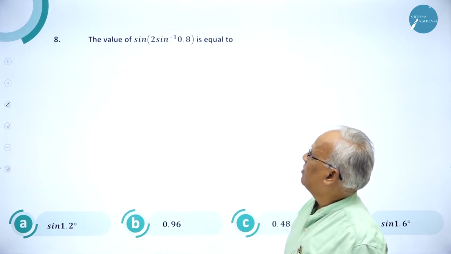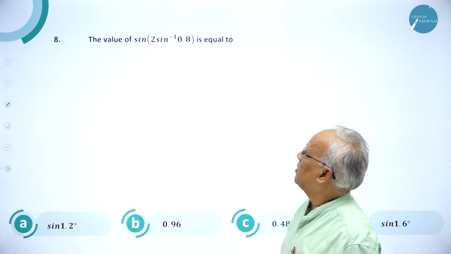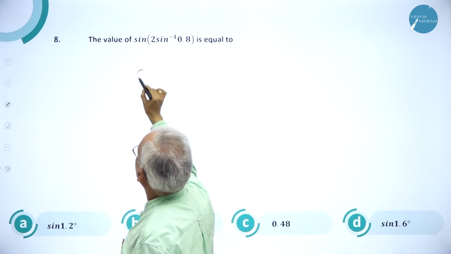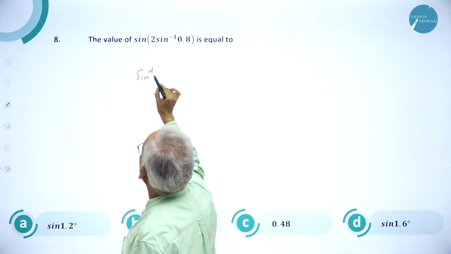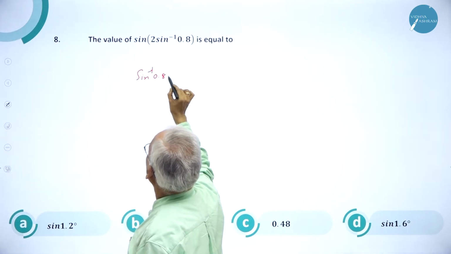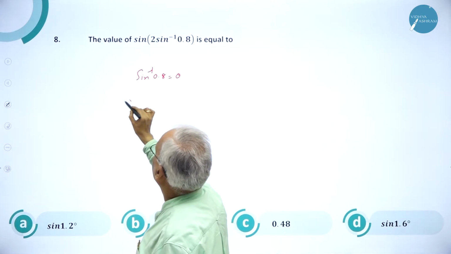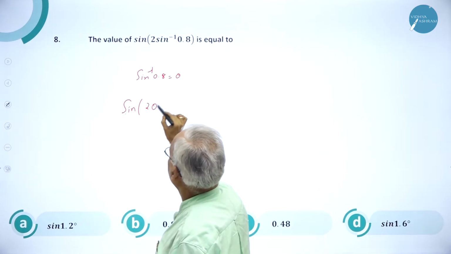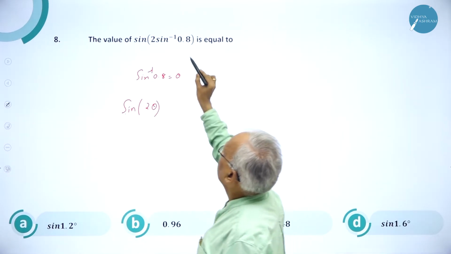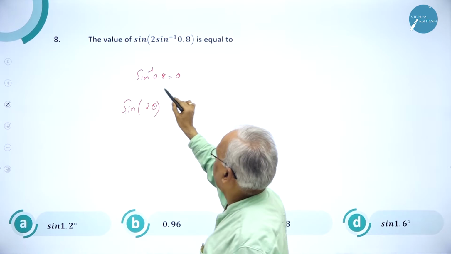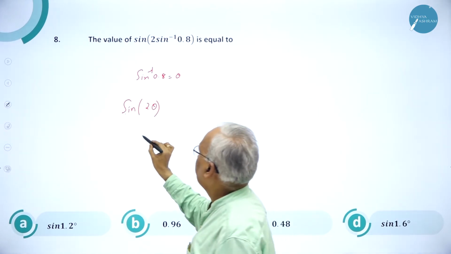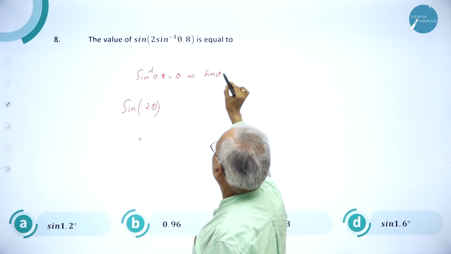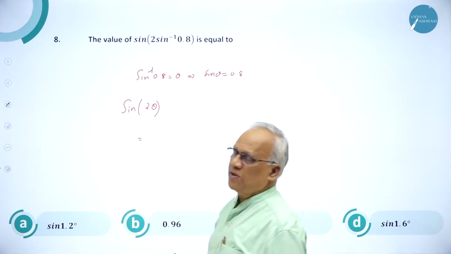The value of sine of 2 sine inverse 0.8. So suppose you take sine inverse 0.8 as theta, then this expression becomes sine of 2 theta. Taking sine inverse of 0.8 as theta, this becomes sine 2 theta, which implies sine theta is equal to 0.8.